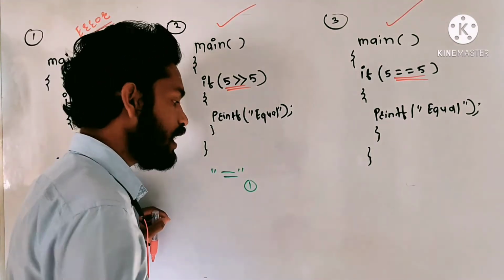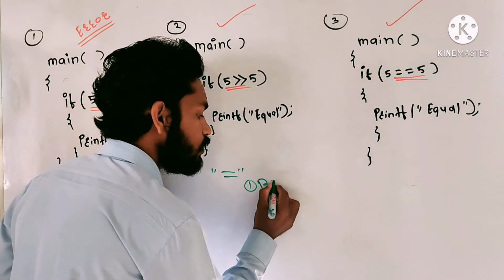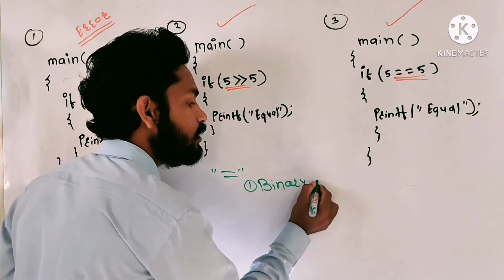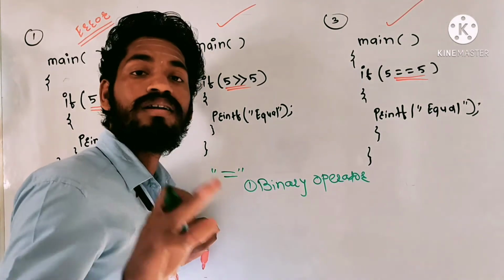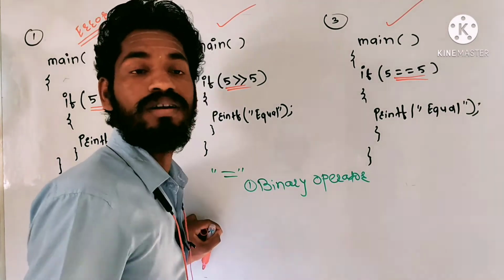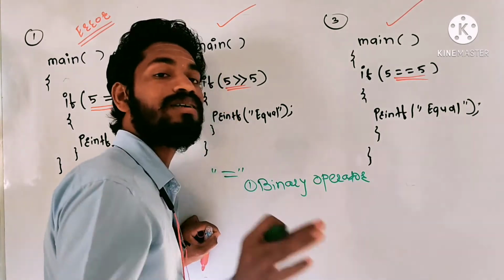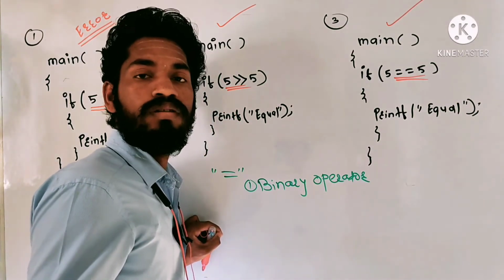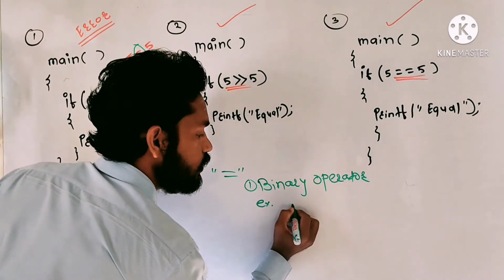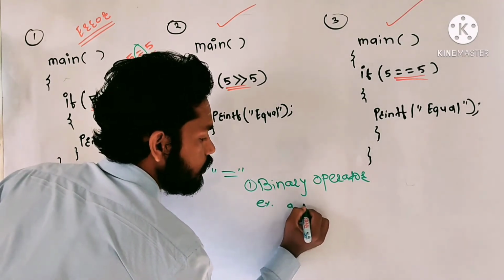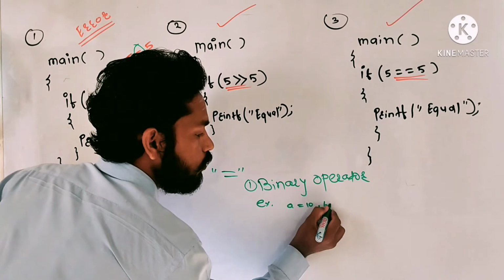Let us discuss the concept of assignment operator. The first point: assignment operator is a binary operator. It requires two operands. That's why we say assignment operator is a binary operator. Example: a equal to 10, b equal to 10.